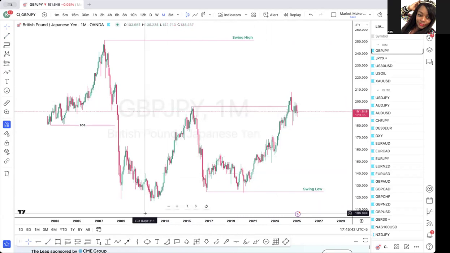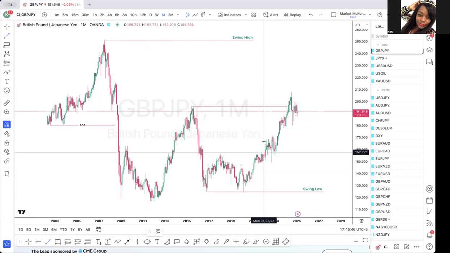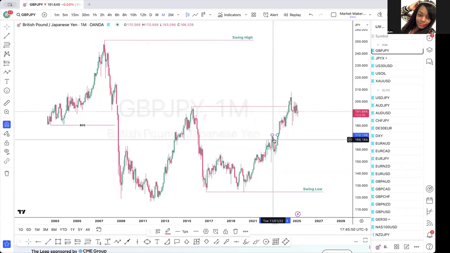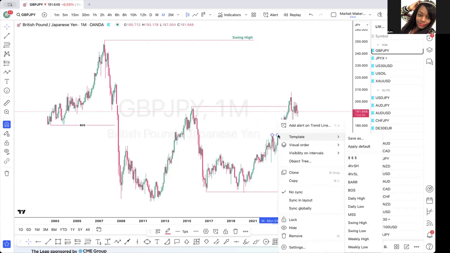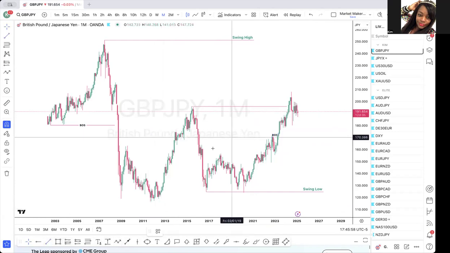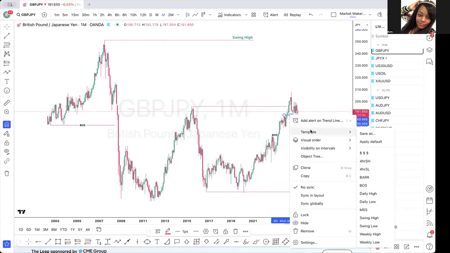And then you have the internals, right? Let's just start up here. So this is the furthest one. You have a break of structure here. And then you have this break of structure here. Okay.